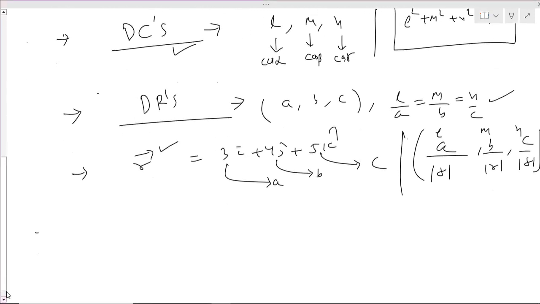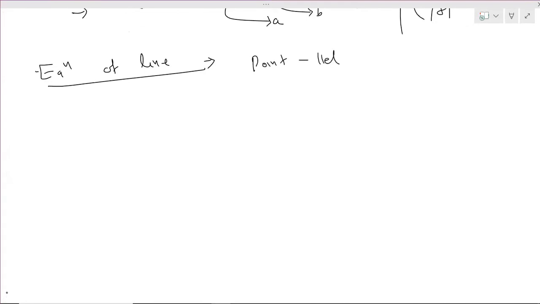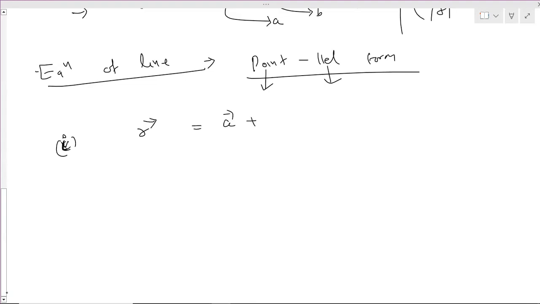Now, equation of a line. Point parallel form. What this means, a point is given and a parallel vector is given. And vector is r vector equals a vector plus lambda times b vector.